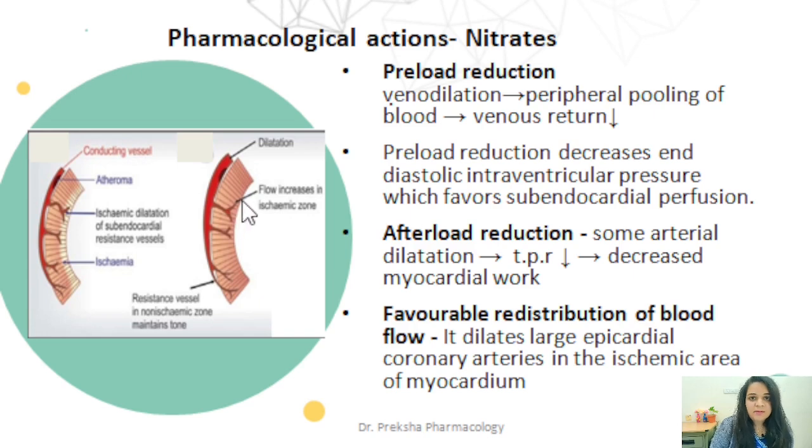When nitrates are given during the attacks of angina, they cause dilatation of the larger epicardial arteries in the ischemic zone. So the flow will increase in the ischemic zone, while resistance vessels in the non-ischemic zone will maintain the tone. This way nitrate causes favorable redistribution of the blood flow, and that is helpful to relieve the attack of angina.